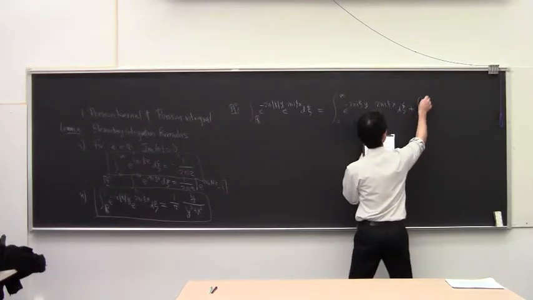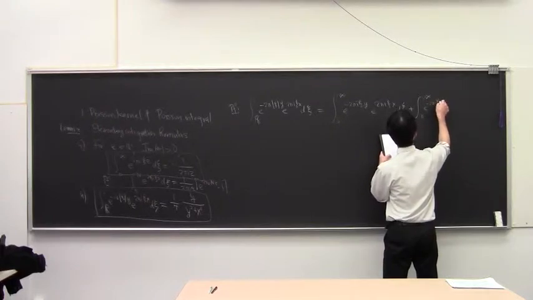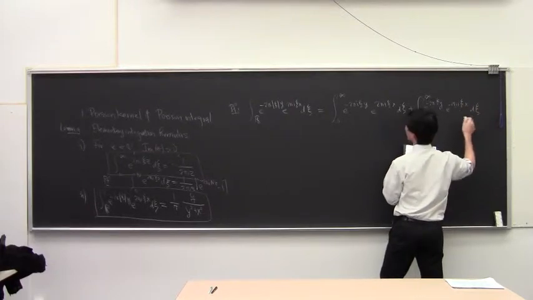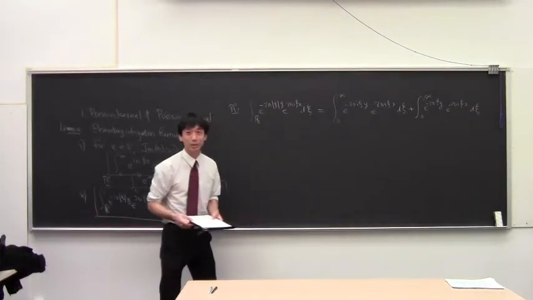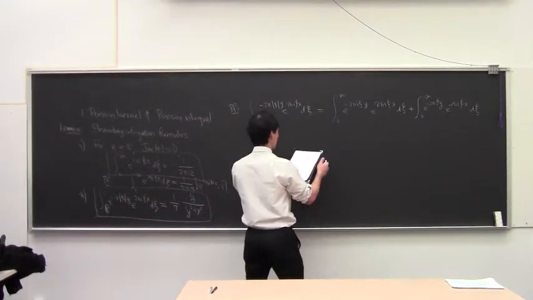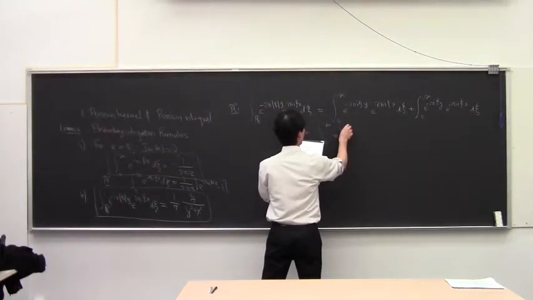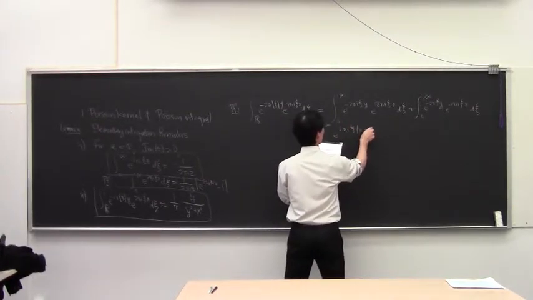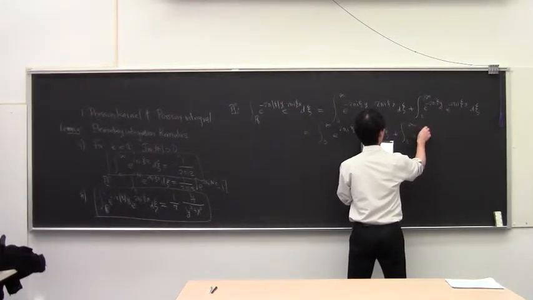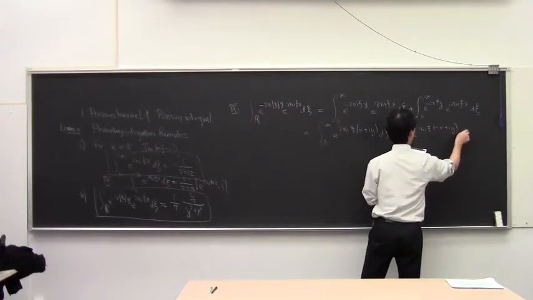Plus the integral from 0 to infinity of e to the -2 pi c y e to the 2 pi i c x dx. So, just using the absolute value, break it up into two integrals. Right? You recognize this one as the integral of e to the 2 pi i c (x plus iy) dx plus the integral from 0 to infinity of e to the 2 pi i c (negative x plus iy) dx.